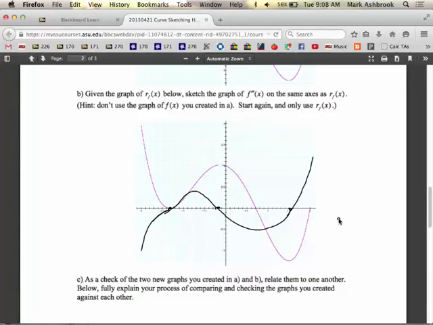Okay. Questions on these sketching problems? Another strategy we can use is to take small changes of x on the graph that's given to us to try and sketch the derivative.